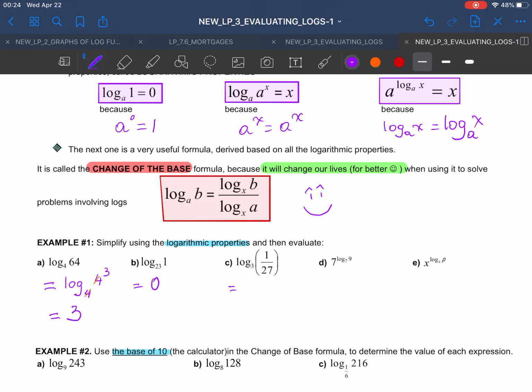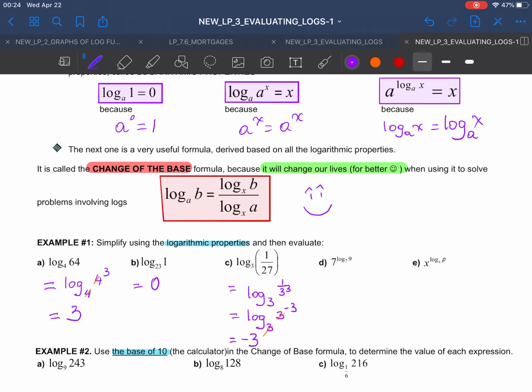So log with base 3 of 1 over 27 is 1 over 3 to the power of 3. Or even better, 3 to the power of negative 3. So this will simplify, and we get negative 3.